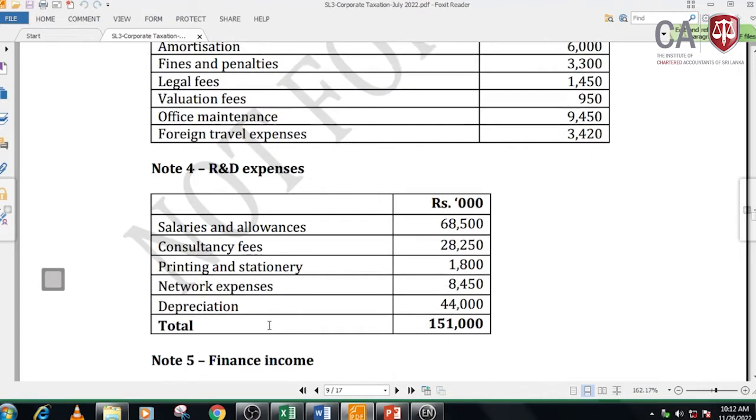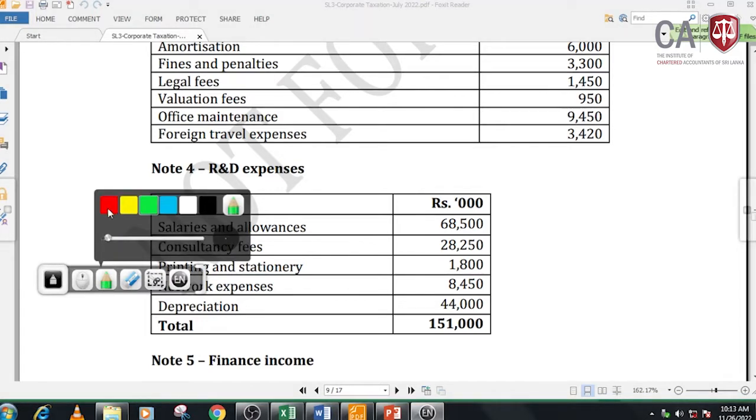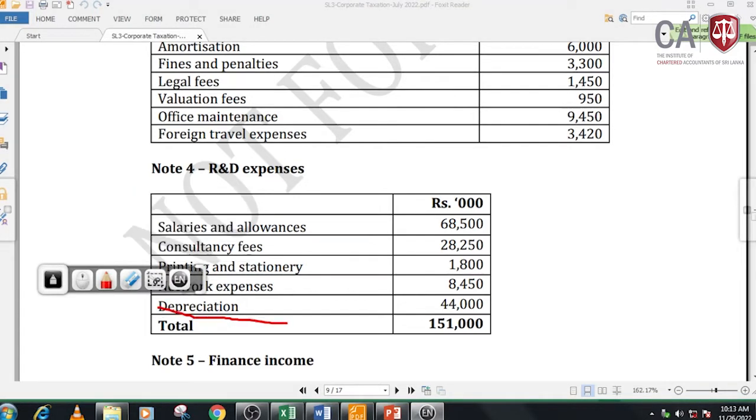Now come to R&D expenses. In the R&D expenses: salaries and allowances, consultancy fee, printing and stationery, network expenses and depreciation. When it refers to the R&D expenses, anyway depreciation should be disallowed.